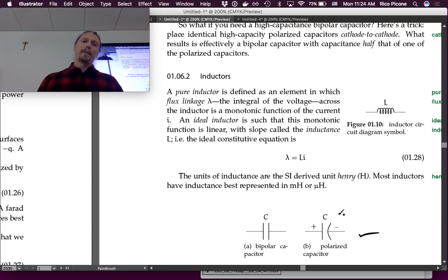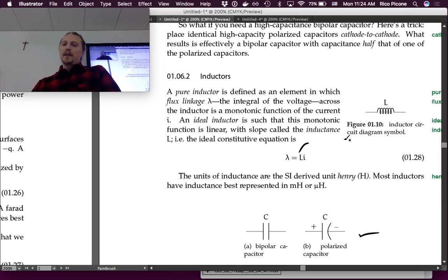Inductors are defined as being elements that have a monotonic relationship between the magnetic flux linkage and the current, with the linear case being the ideal one, which is pretty commonly used as the model, so lambda equals Li, where L is defined as the inductance.